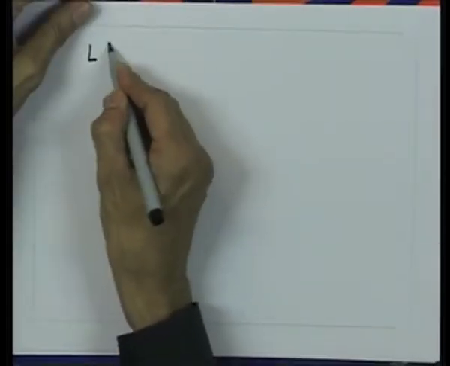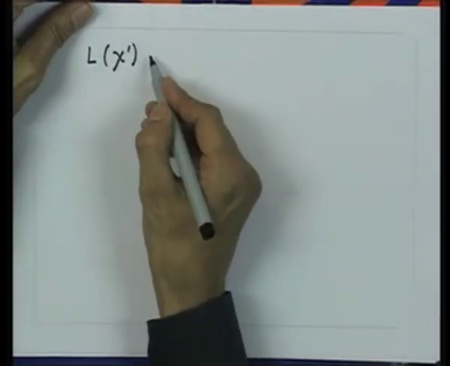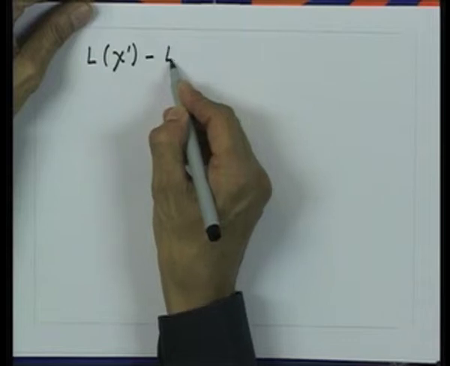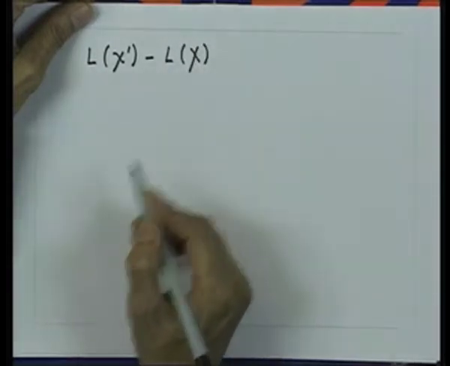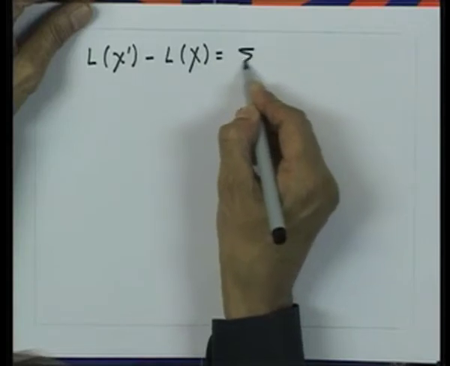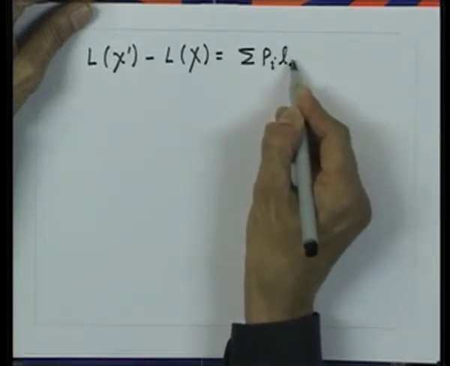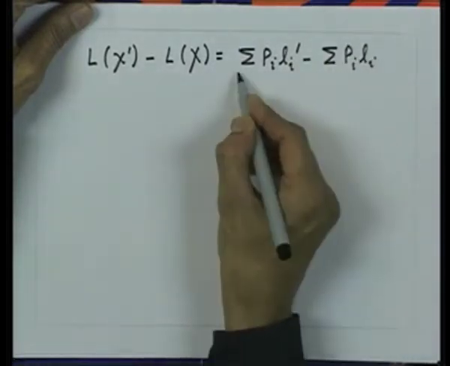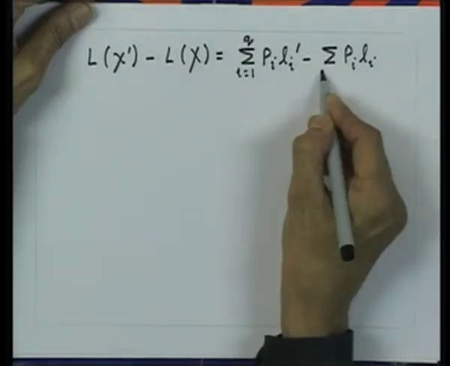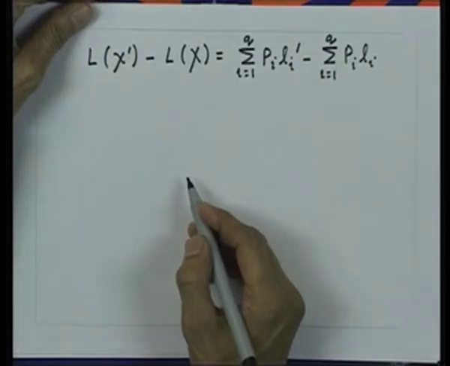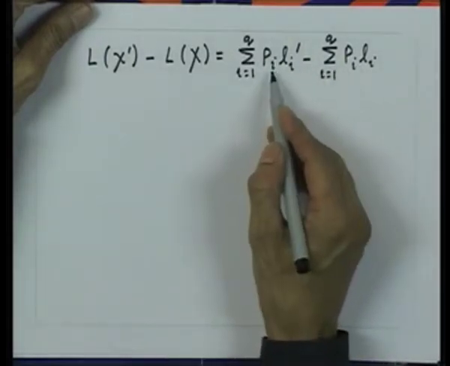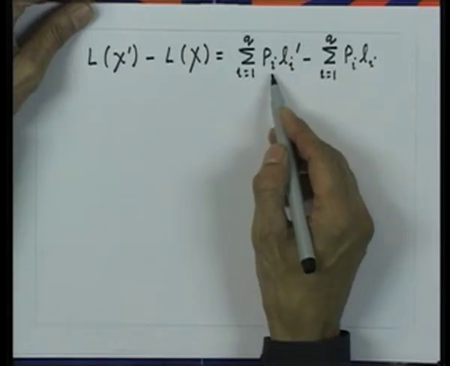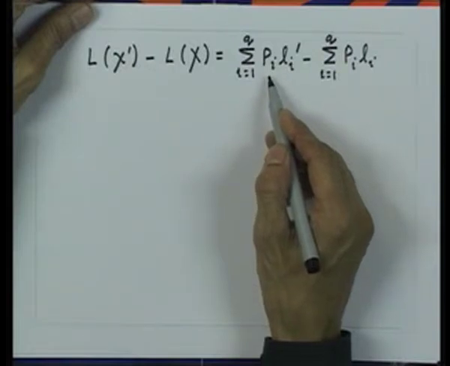The difference between the average length for X prime and the average length of the original code X would be given by the sum of Pi Li, i equal to 1 to Q. When I take the difference, all the terms will cancel except for the two terms corresponding to the code words for the symbols Sj and Sk.